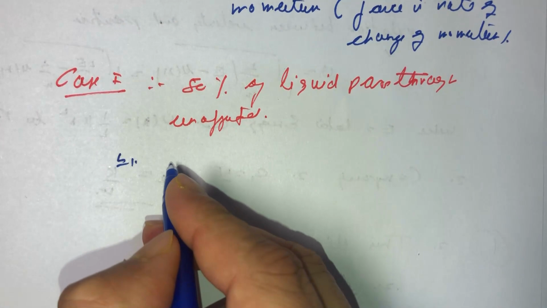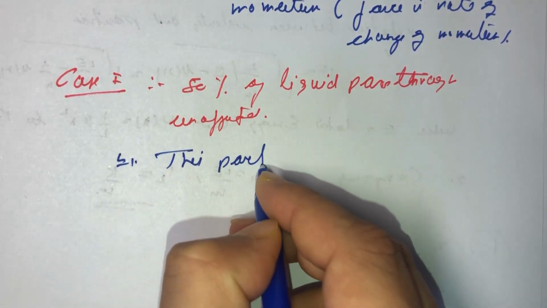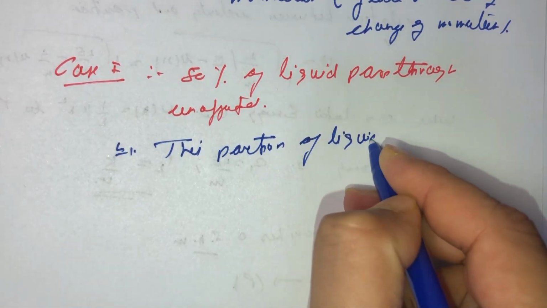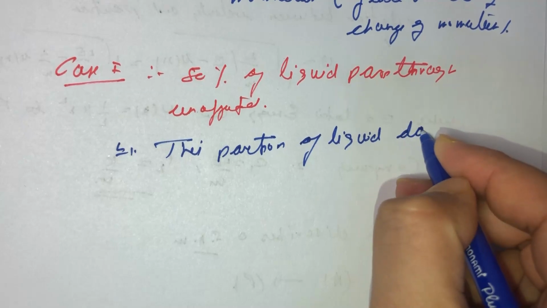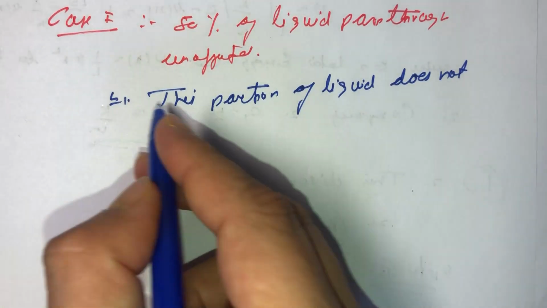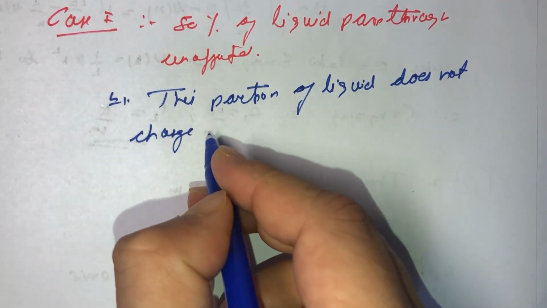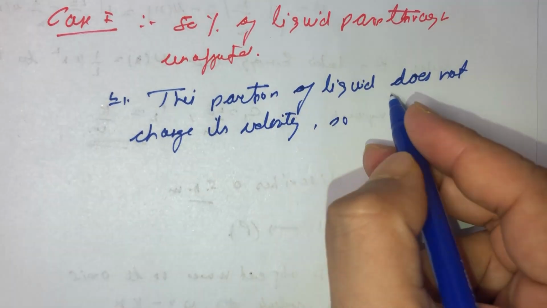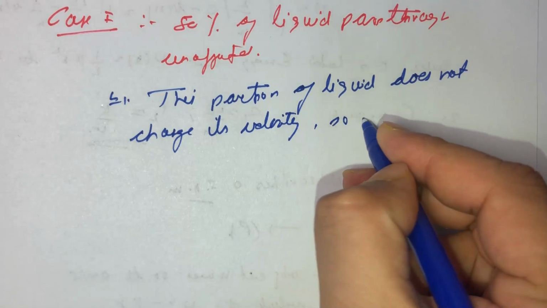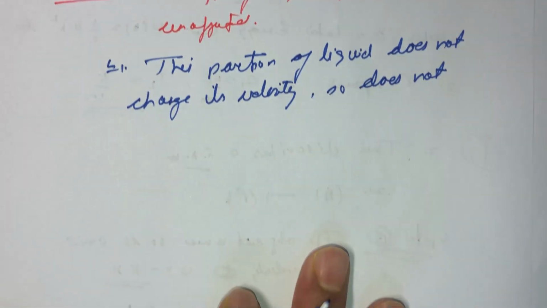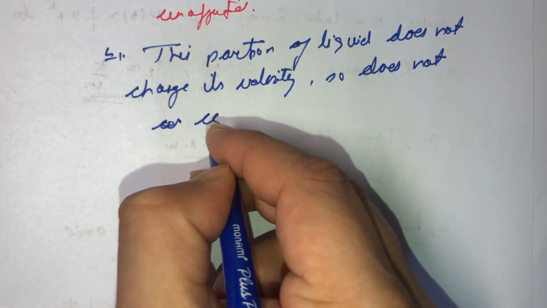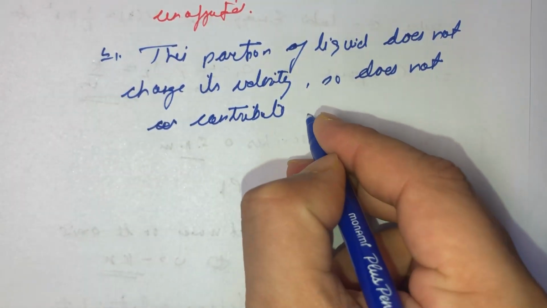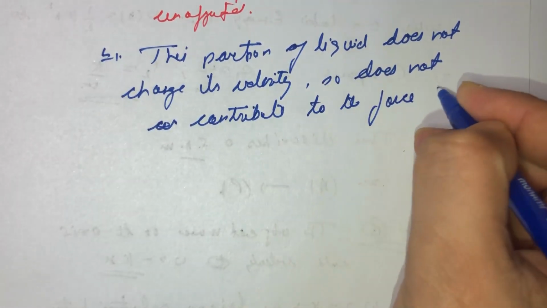So you can see from here, this portion of liquid does not change its velocity, so it does not contribute to the force on the mesh.